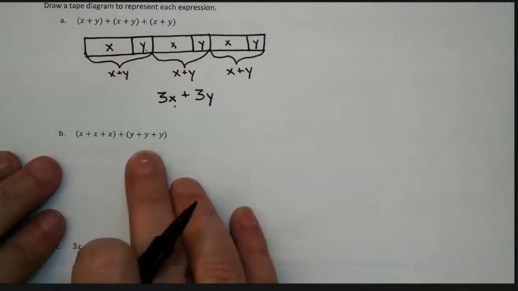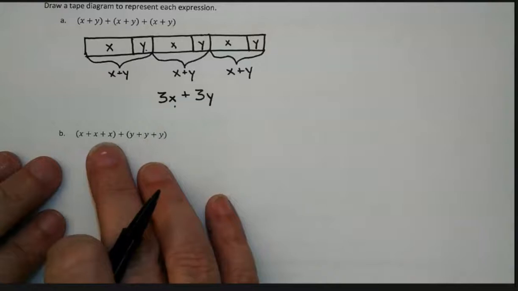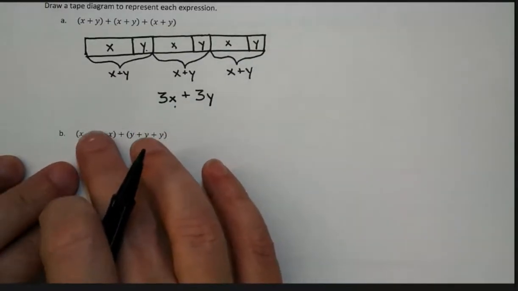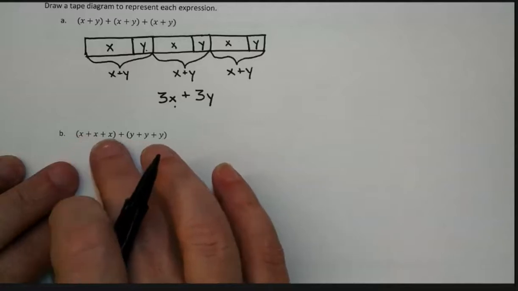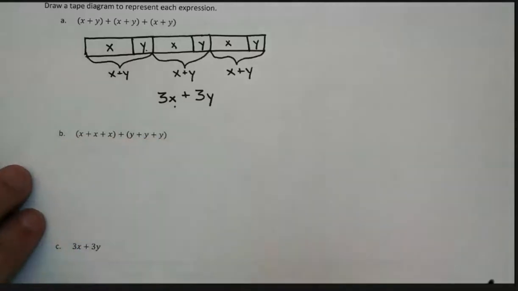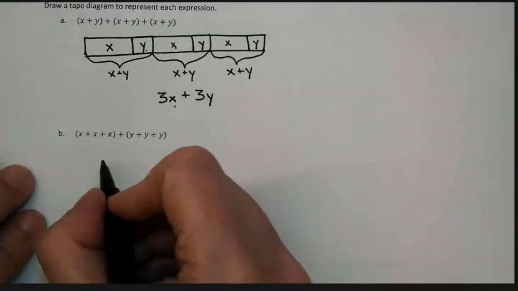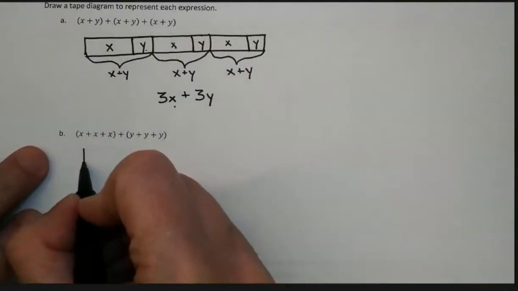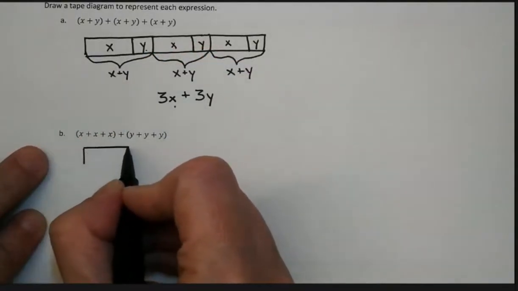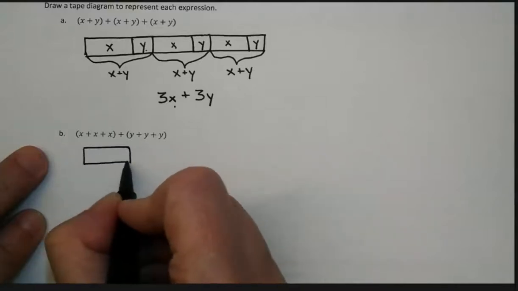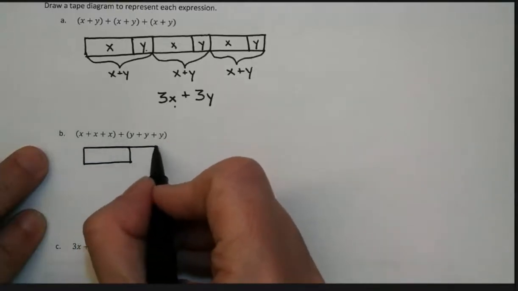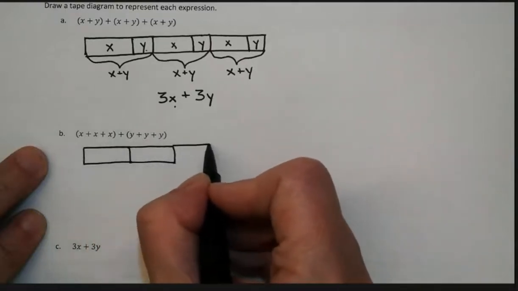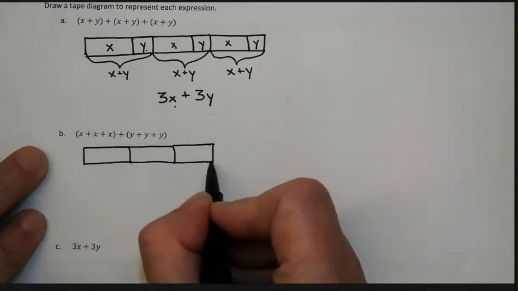Now I have my problem written a different way. I have the sum of 3 x's, or x plus x plus x, and y plus y plus y. So we're writing a tape diagram to show this. And I'm going to try to draw my boxes of the x's to be the same size as the boxes up there. So this is x plus x plus x.